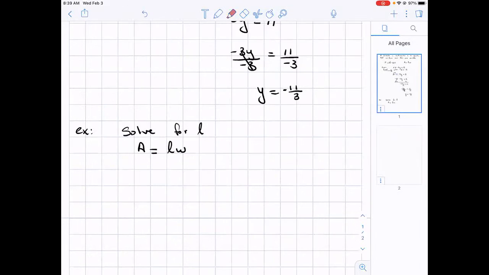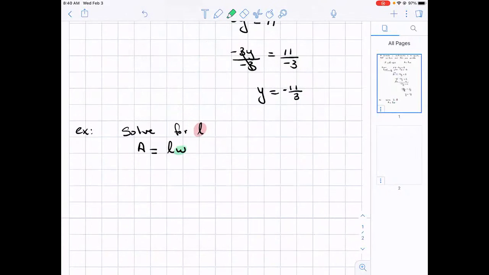Well, solve for L, you know, solve for L means to leave L by itself. So in this example, what we have to do is get rid of that W, okay? Now, if L was a number, let's say 2, you would divide both sides by 2 to leave W, right?